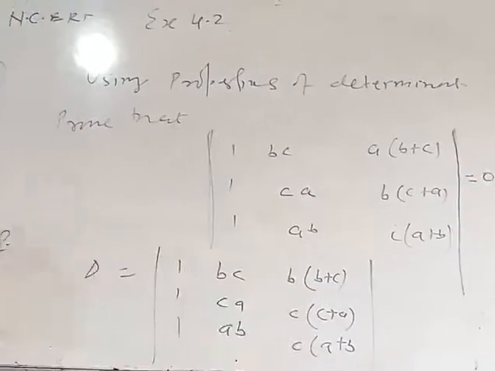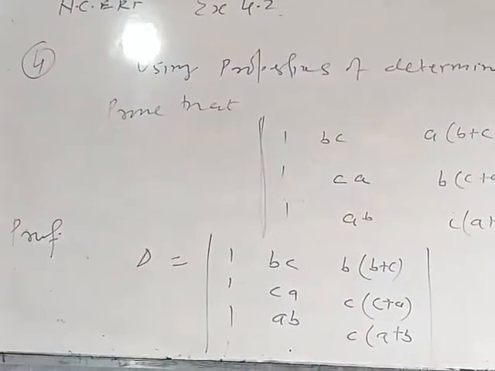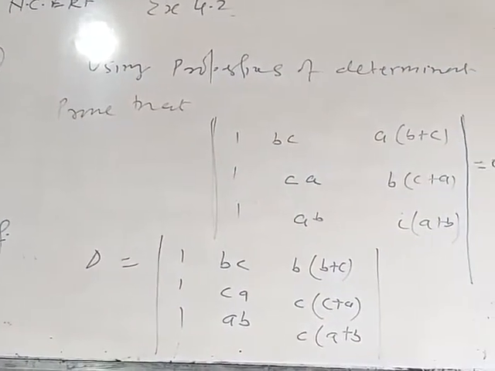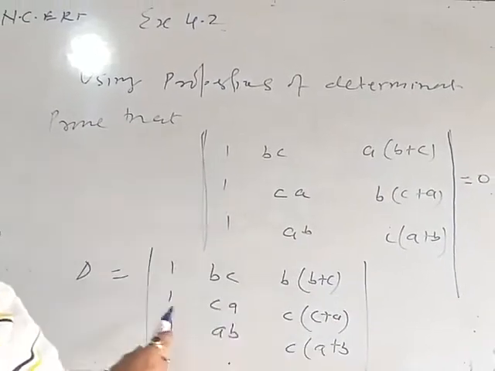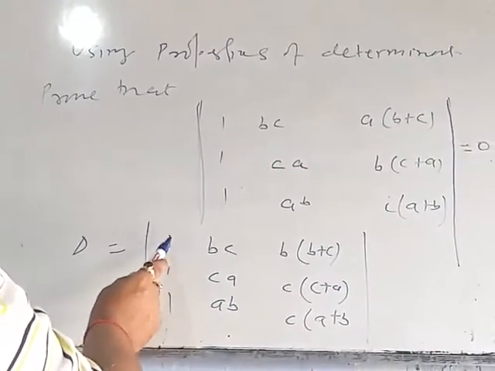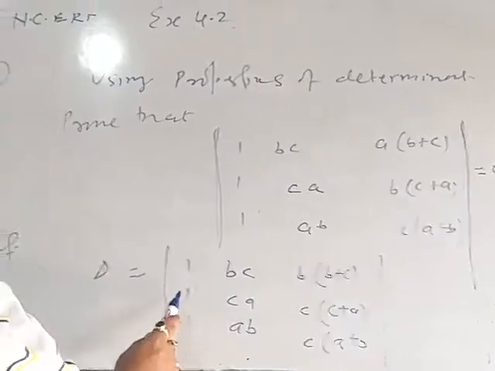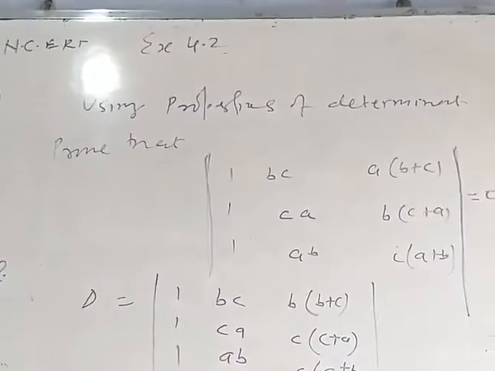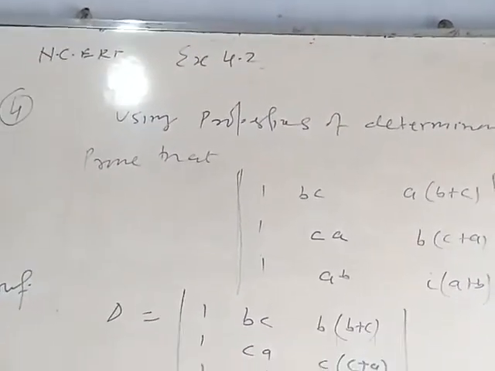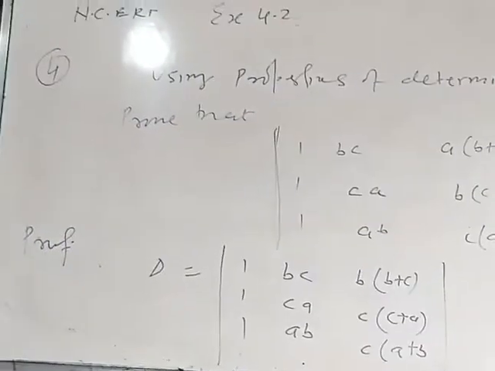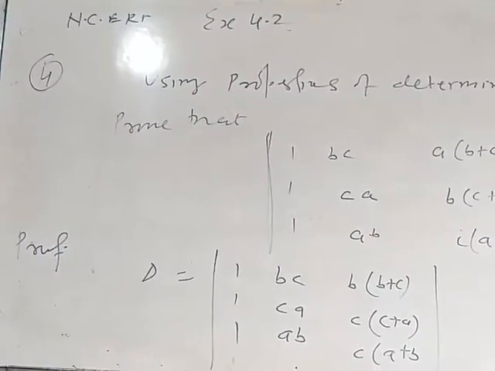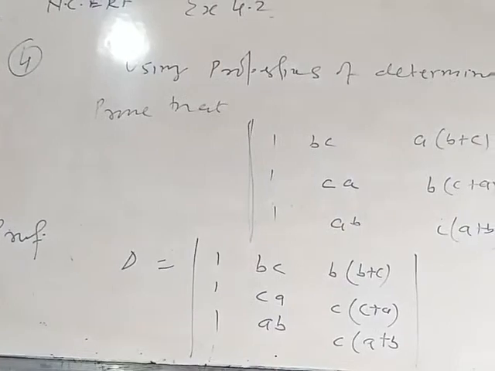This is the LHS part. So we apply the property: R1 is changed into R1 minus R2, R2 is changed into R2 minus R3. Write the operation.